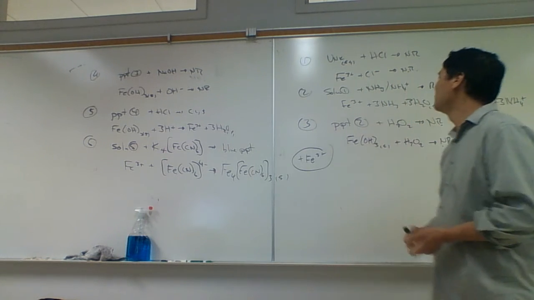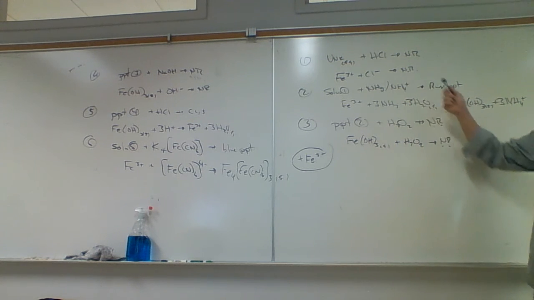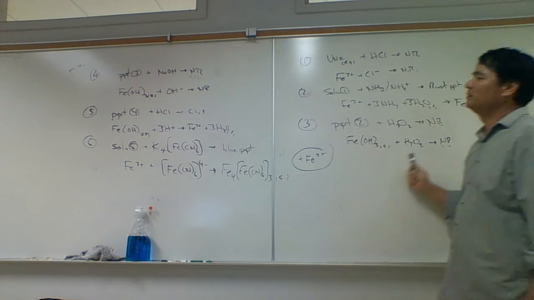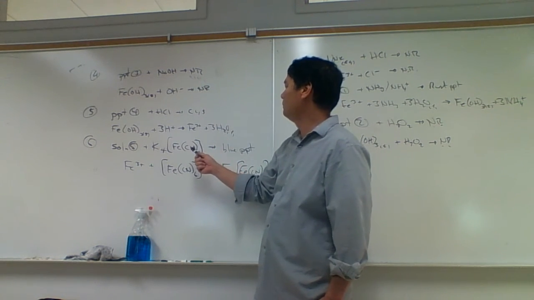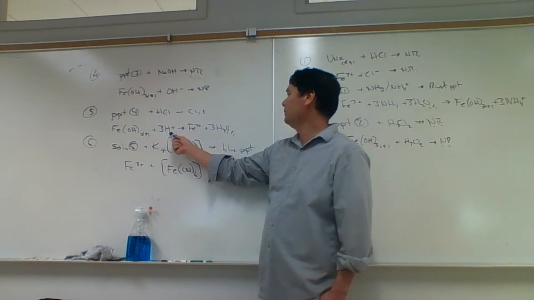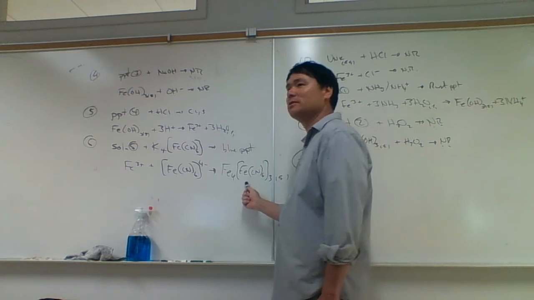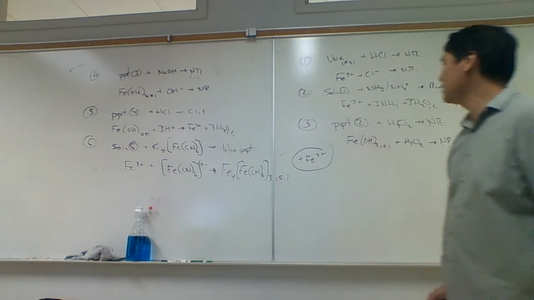Well, I told you we'll look at the driving force. For some of these, there's no driving force here. This precipitate would be the driving force here. There's no driving force here. No driving force here. Here, we're going from stronger acid, H+, to weaker acid, water. Here, precipitation is the driving force. These, let's look at the reaction types.